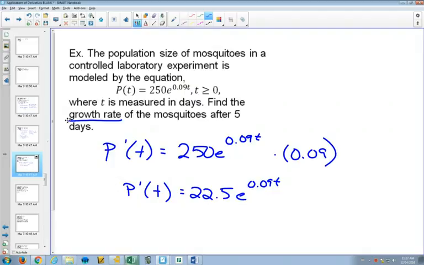So then at 5 days, rounded, that comes to 35.3. So what does that mean?